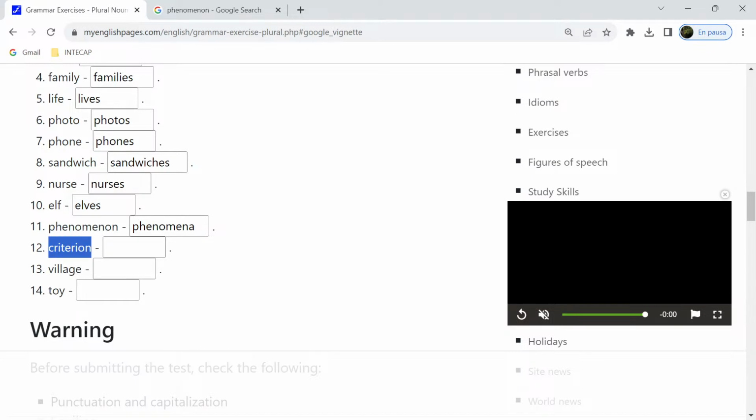Now let's go with criterion. Okay, guys, criterion. This is also irregular. So did you find what is the plural of this one, guys? Criterions. Okay, could be.